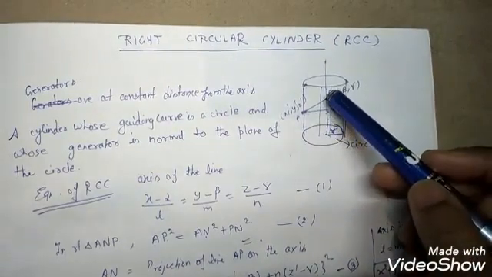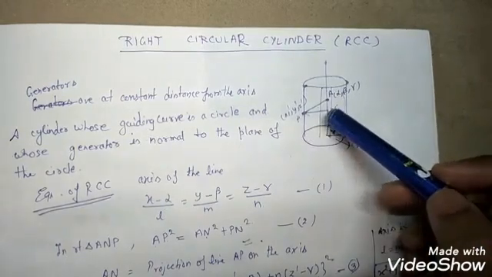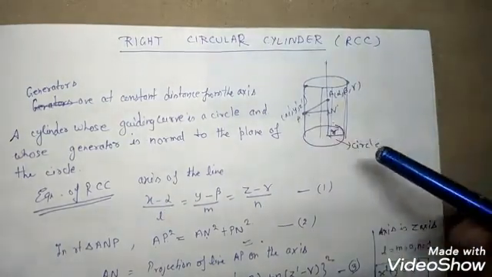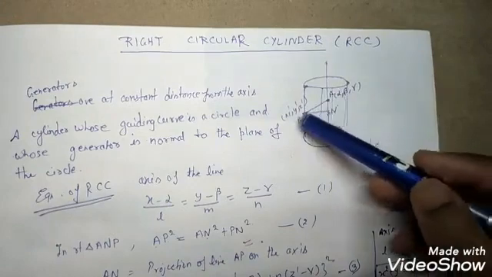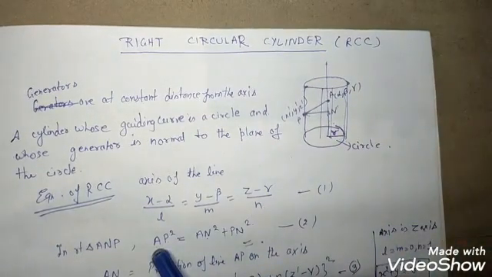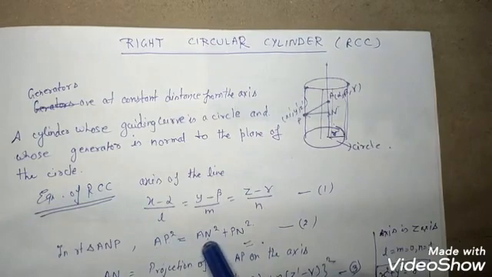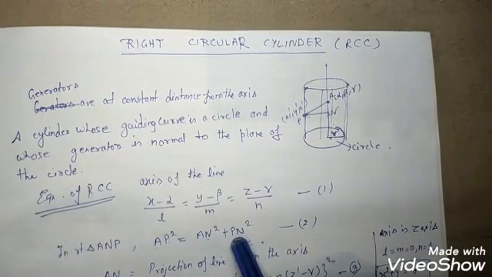Now the triangle APN will be a right triangle. So in this right triangle, using the Pythagoras theorem, we have AP square equal to AN square plus PN square.